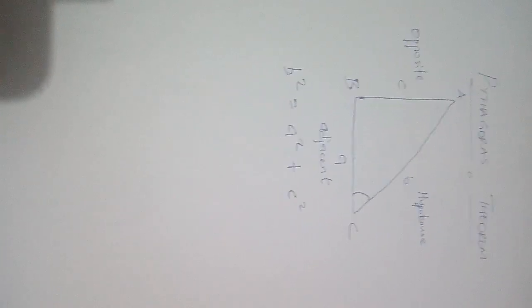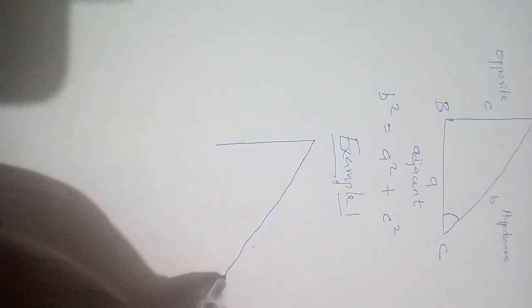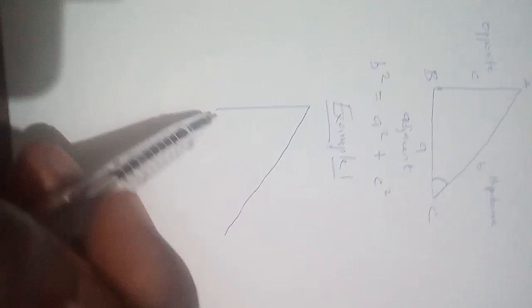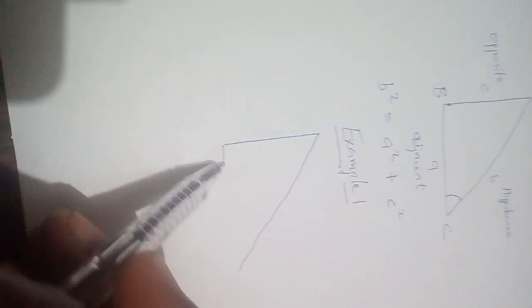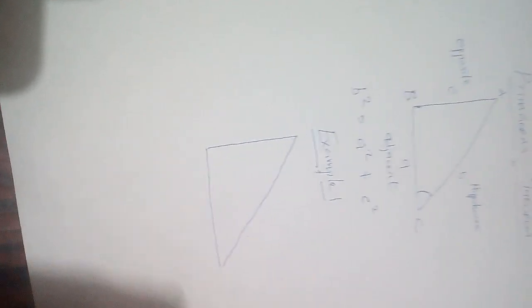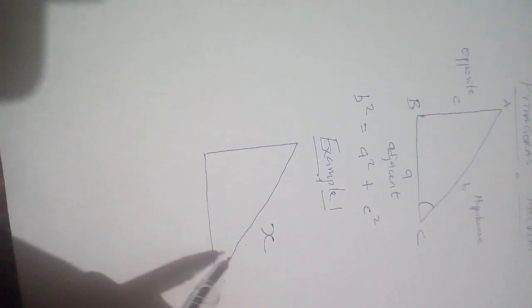Example 1. Let's assume we are given a right angle triangle which looks like this, and you are told to find this side.